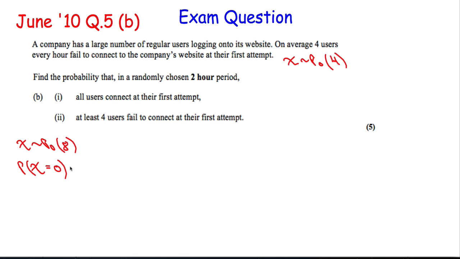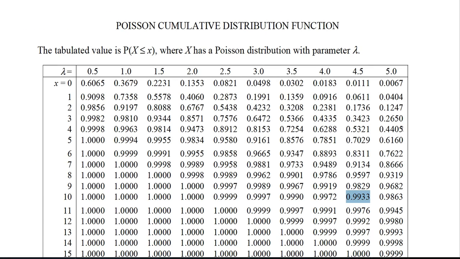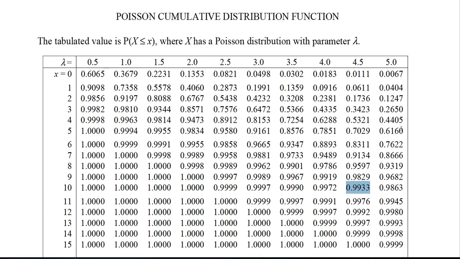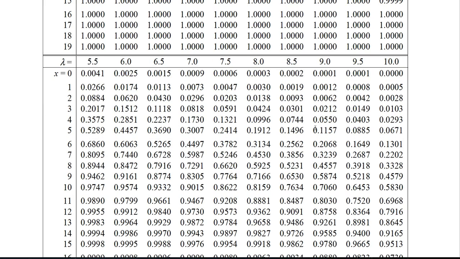So we're going to go straight to our tables. Lambda is 8, and I want the probability that x is equal to 0, which is 0.0003.